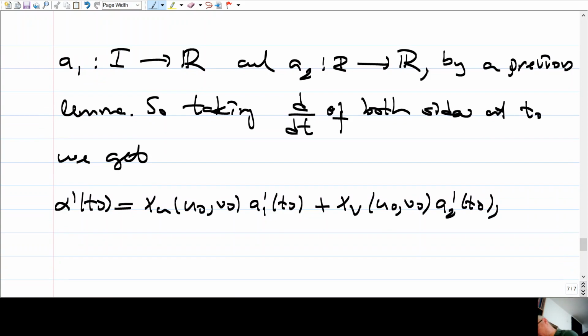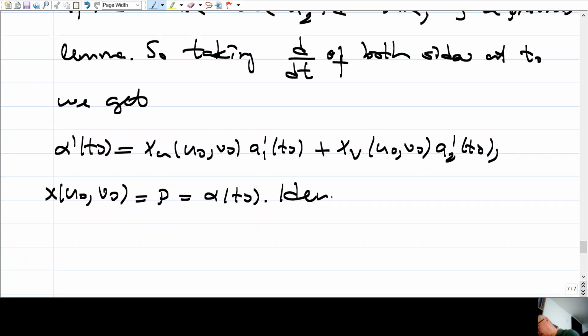Here, of course, x of (u0, v0) is just P, which is alpha of t0.